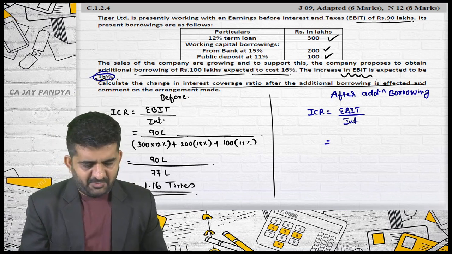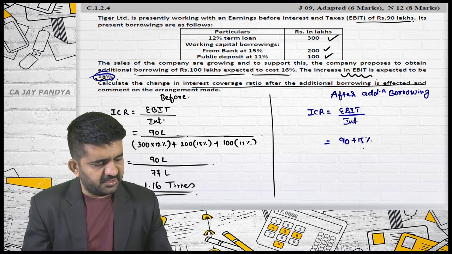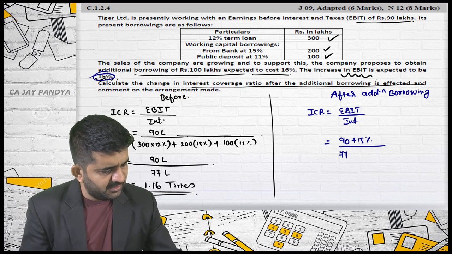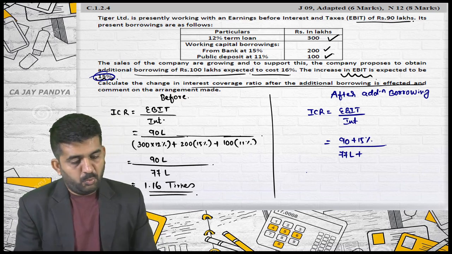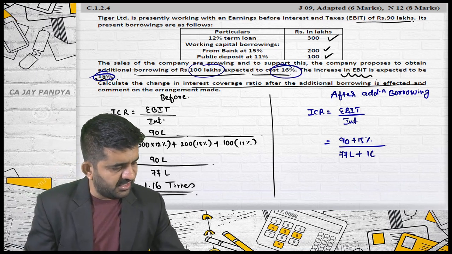So EBIT will be 90 plus 15%, divided by interest. What is existing interest? 77 lakhs. What is new interest? 100 lakhs into 16% is 16 lakhs more.